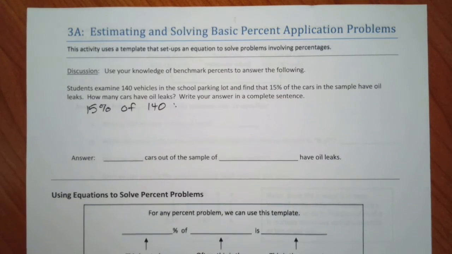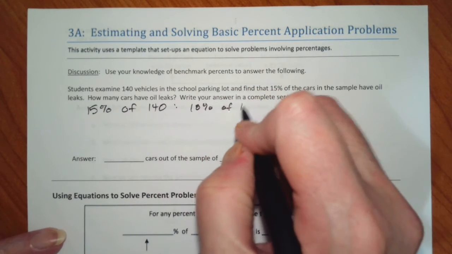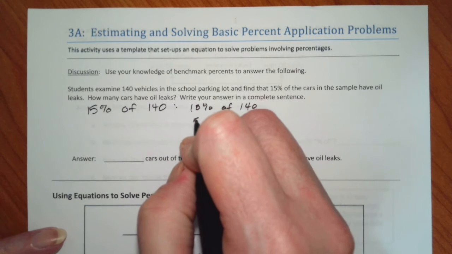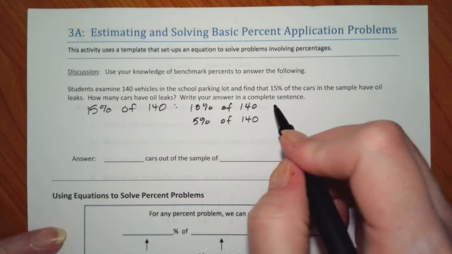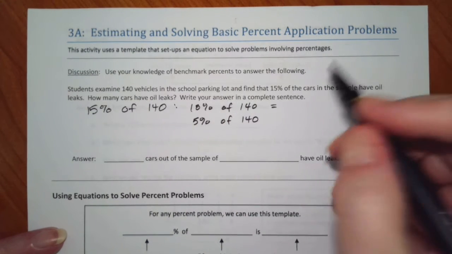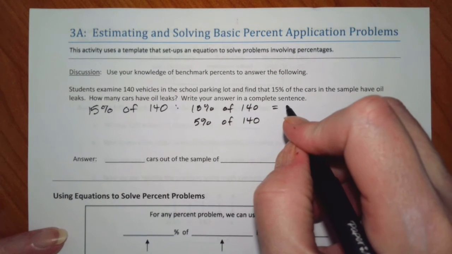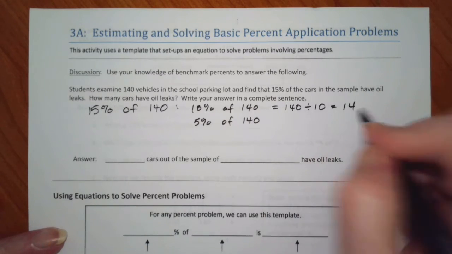Well, let's see. I can break that into 10% of 140 and 5% of 140. So we know 10% of 140 is going to be 140 divided by 10, which gives us 14.